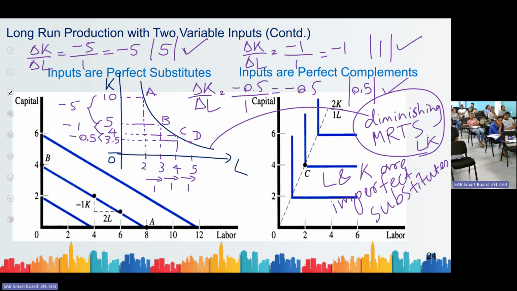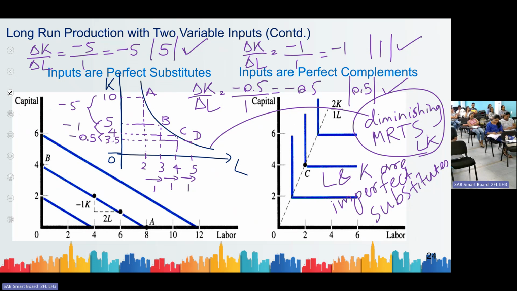Because labor and capital are imperfect substitutes, we have this isoquant curve which shows diminishing marginal rate of technical substitution.